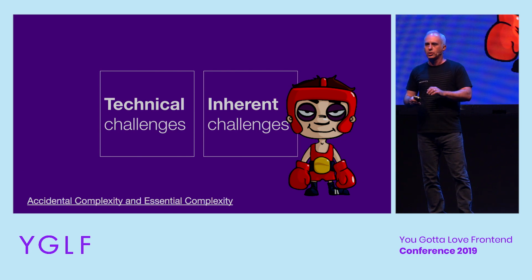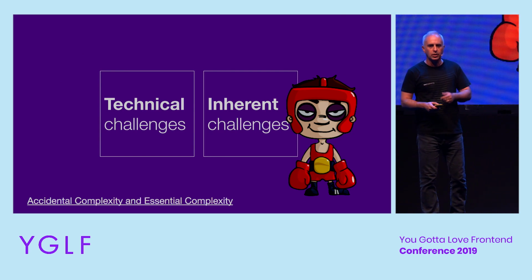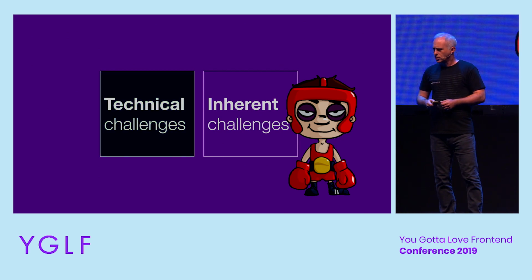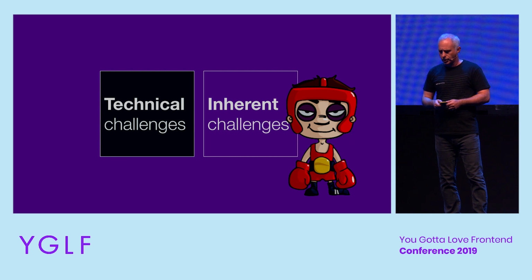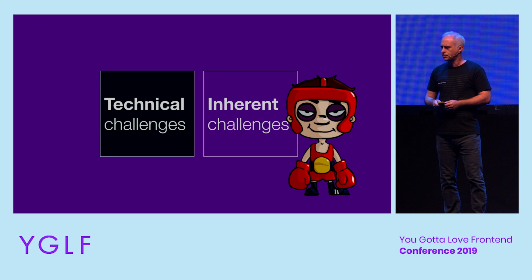You can try to mitigate them, reduce their impact, but it's a challenge that you have to face. This is often known as essential complexity in the context of that article. So let's start with the technical challenges, and I'll just go through a couple of the main ones.